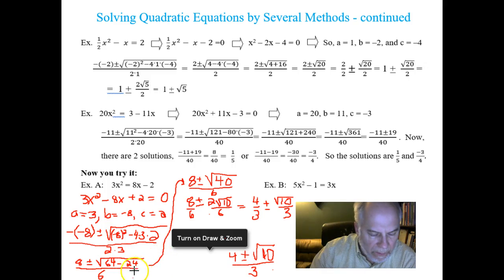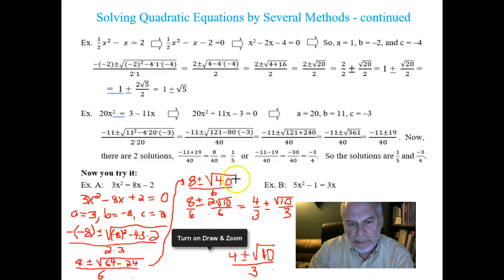And then on the last line, you see that negative of negative 8 becomes just 8. So I have 8 plus or minus square root of 64 minus 24. I went ahead and multiplied 4 times 3 times 2, and I got 64 minus 24 over 2 times 3, which is 6. And so that's 8 plus or minus the square root of 40 over 6.